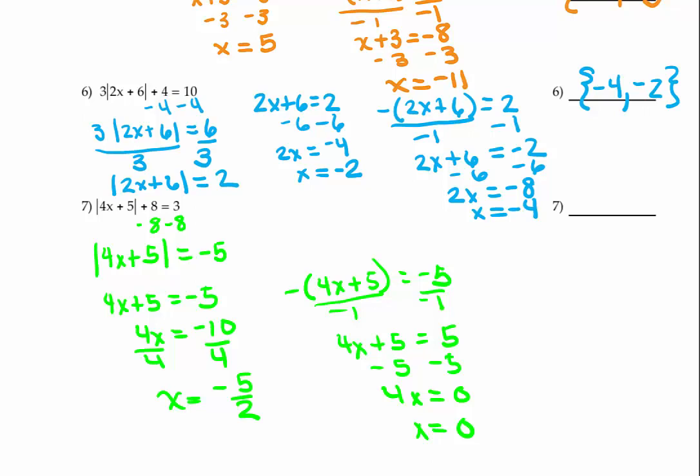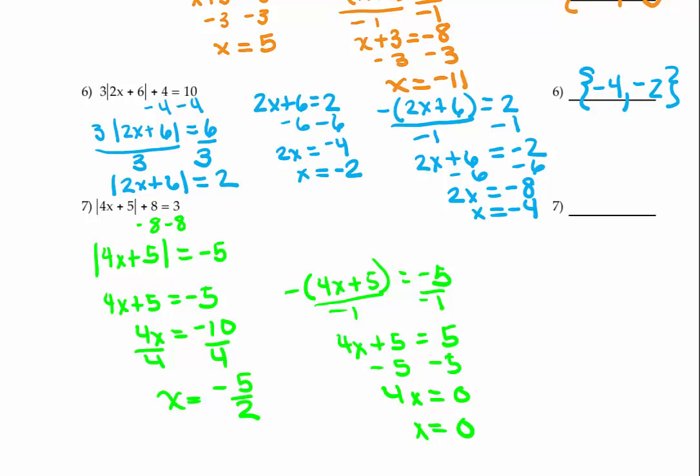If I try to plug in my negative 5 halves here, I get 4 times negative 5 halves, which winds up being negative 5 times 2 when I divide out my 2 and my 4. I get 2. So then I have negative 10 plus 5, which is negative 5. The absolute value of negative 5 is 5 plus 8 equals 3. Still no. Okay.